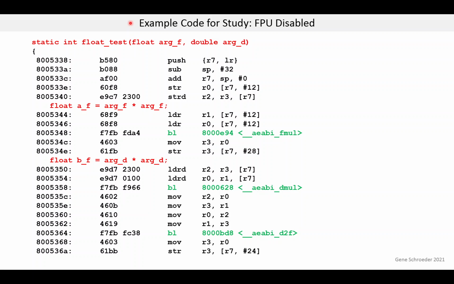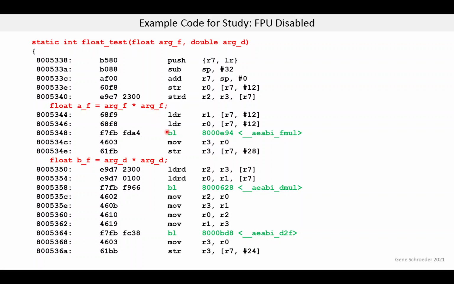So now we're looking at the case where the FPU is disabled. And this is the same function, the same code. And I'm just going to show this first slide because the pattern is the same. Most of it is the same. I want to show you this line here where we're multiplying 2 floats together and we're storing the result in a float. And if you'll remember, when we had the FPU enabled, this multiply was done with a single FPU instruction.